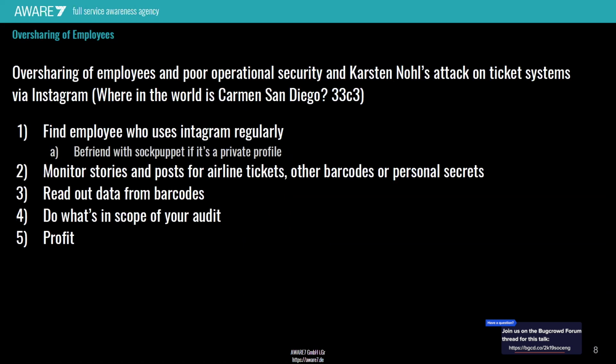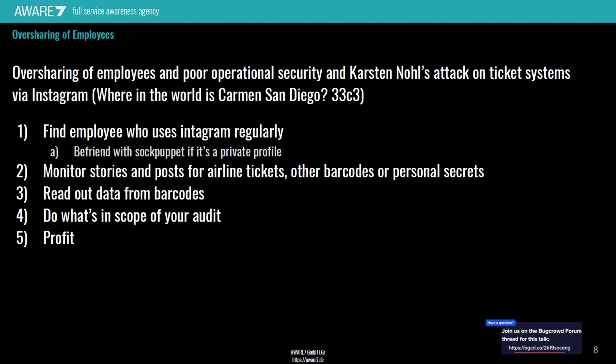Basically he scraped Instagram for airline tickets, and after he scraped that, he stole miles from customers, and then got free flights, or potentially got free flights. We use that as a methodology: if we find someone in a company who is really active on Instagram, we can maybe find information like this. So we find an employee who uses Instagram regularly.